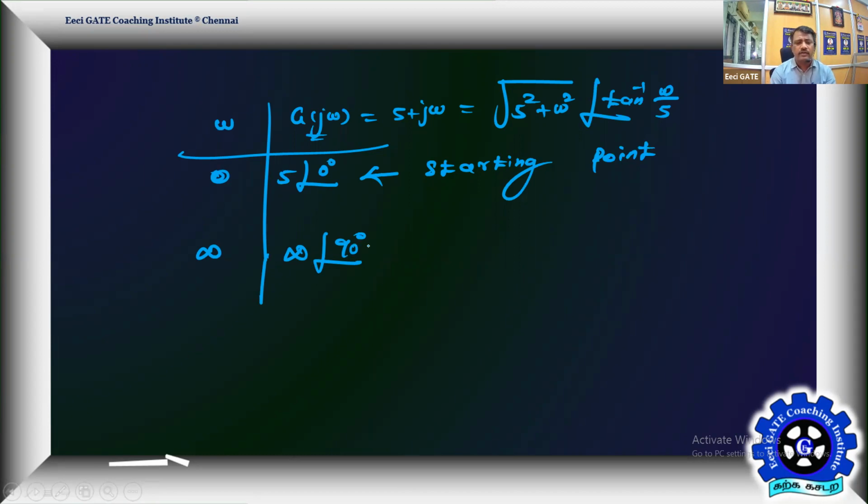It is inconclusive, so let me go for 5. Then 5 square is 25, 25 plus 25 is 50, root of 50, which is root of 2 into 25, nothing but 5 root 2 at an angle of 45 degree. So the starting point is 5 angle 0. Then you need to go for 5 root 2 at an angle of 45 degree.